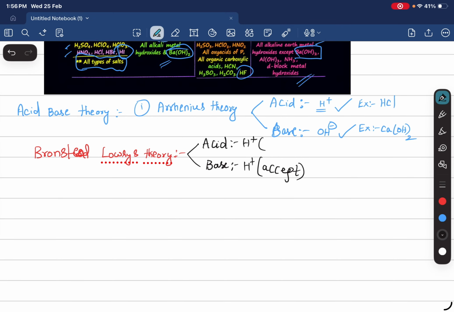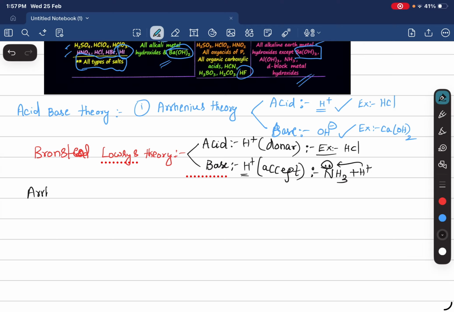So in simple words, an H plus donor is called a Bronsted acid, and an H plus acceptor is called a Bronsted base. Examples for this are the same as the first one, and here NH3 is ready to accept H plus from outside because of its lone pair of electrons.